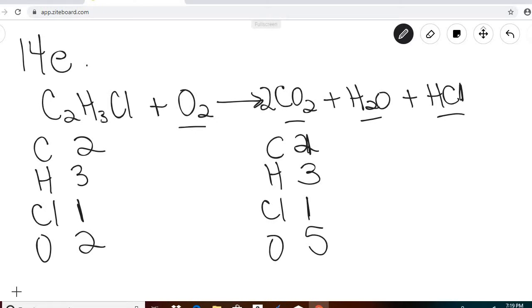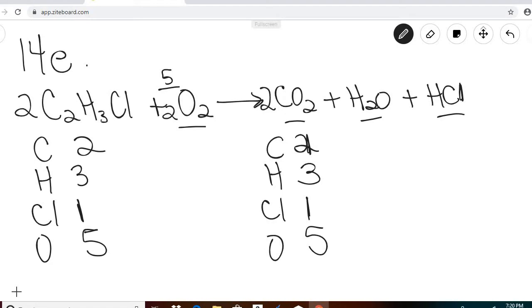So what we can do is put 5 halves oxygen here, because 5 halves oxygen times 2 is going to give us our 5 oxygens on that side. However, we don't want to deal with that fraction. So we'll just multiply everything by 2 across the whole equation.